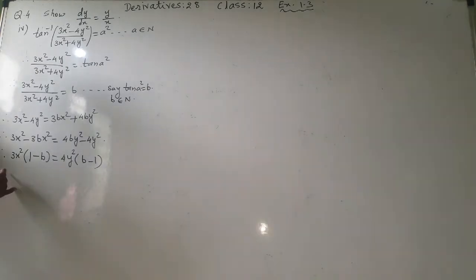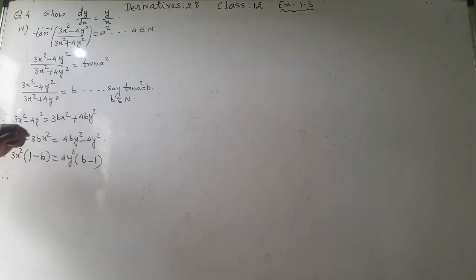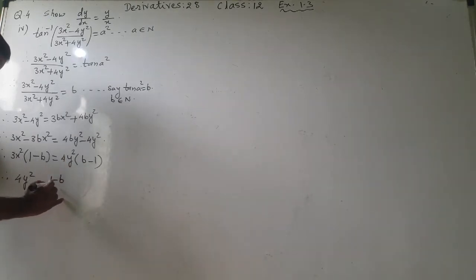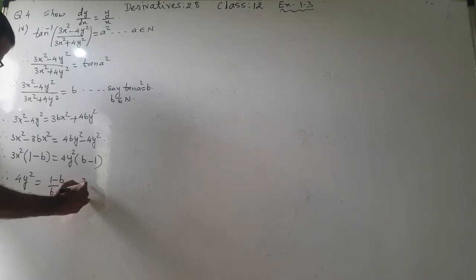Therefore, this 3x square upon 4y square I will take, and that will be what? So 3x square, or I will take this 4y square is equal to, this will be upon 1 minus b upon b minus 1 and into 3x square.